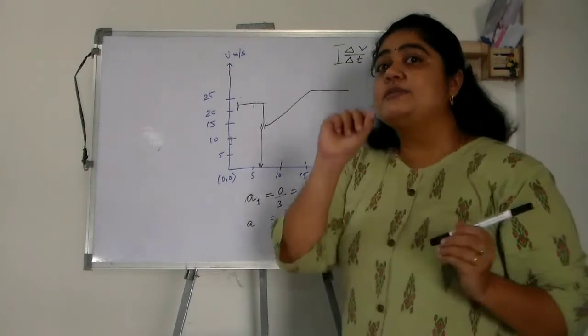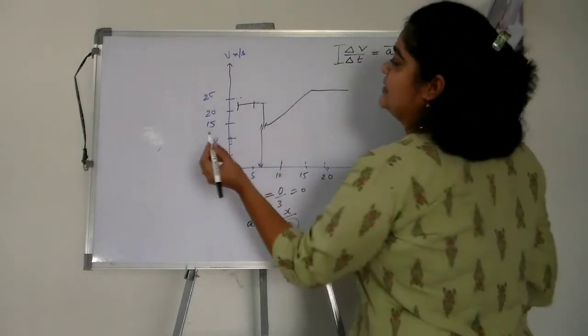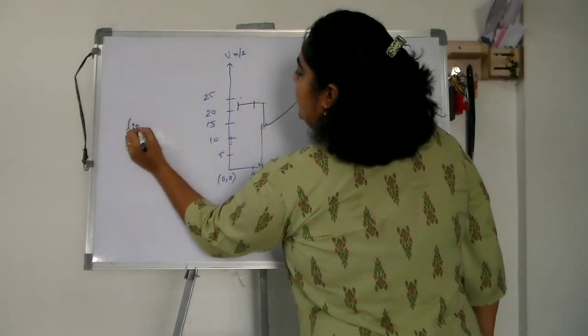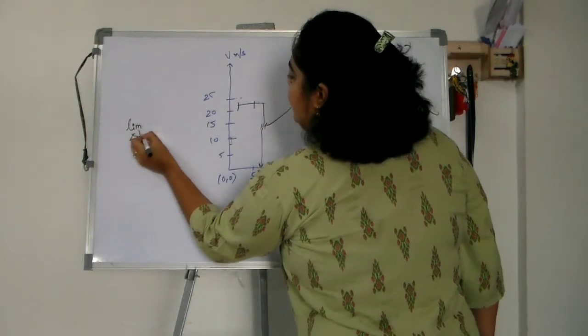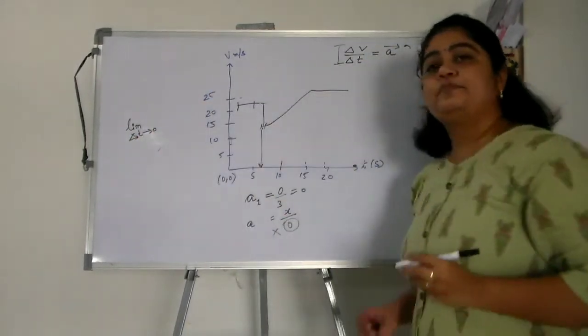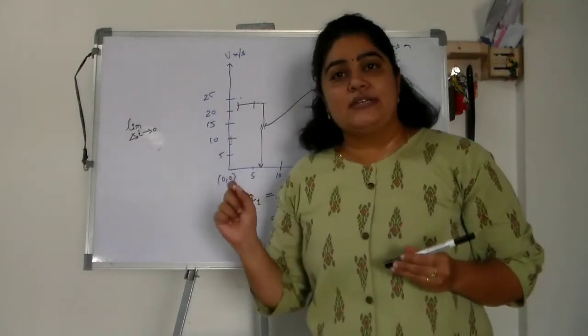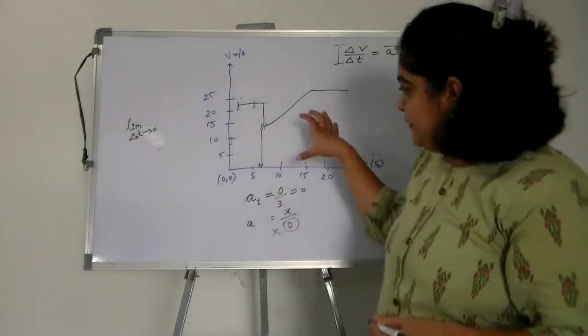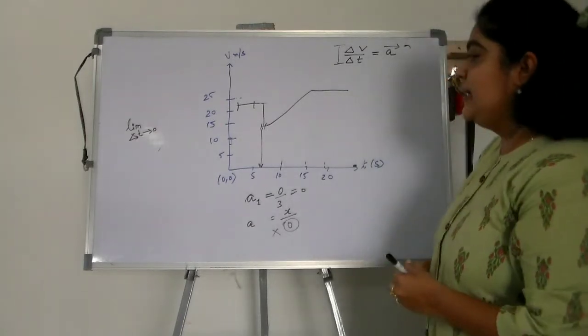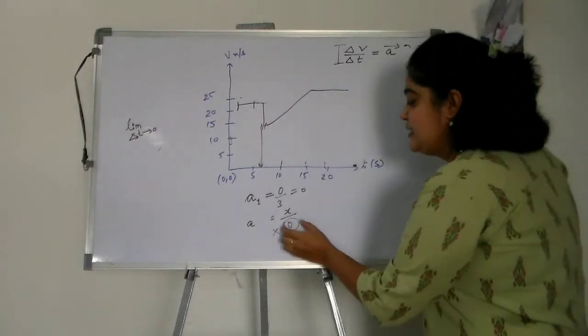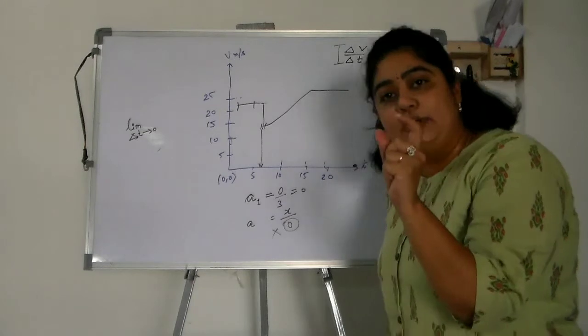Here comes one beautiful concept: limit delta t tends to 0. This is one concept of differential calculus that I will be teaching you just after I finish this graph. For the time being, believe me that this is not 0, it is a non-zero value.